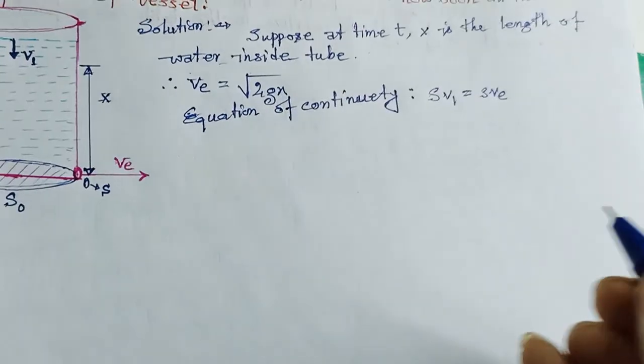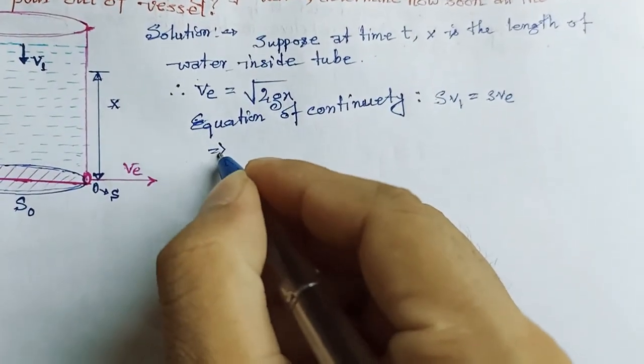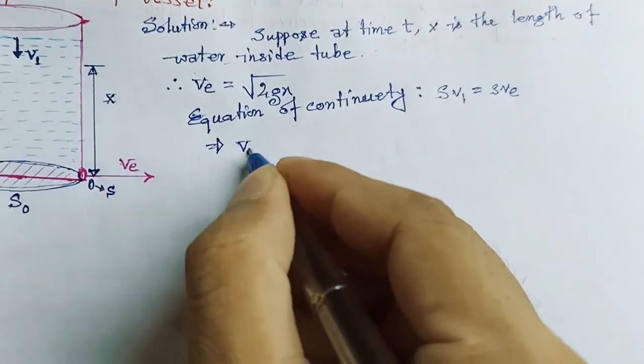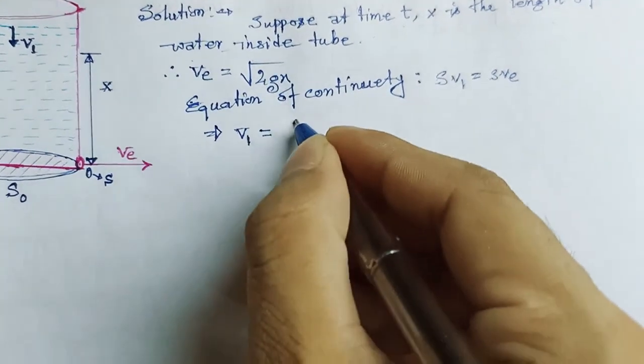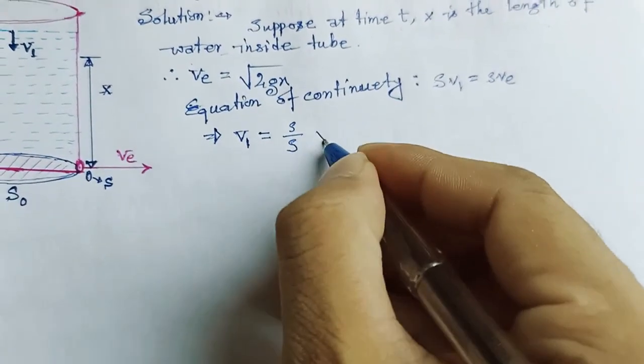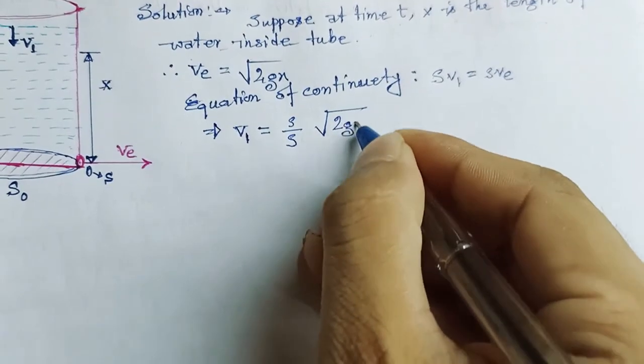Now from this equation we can find the value of v1. So v1 will be equal to small s divided by capital S under root 2gx.